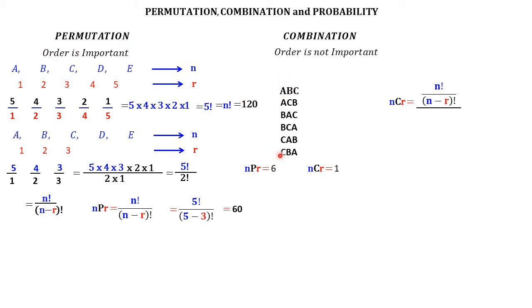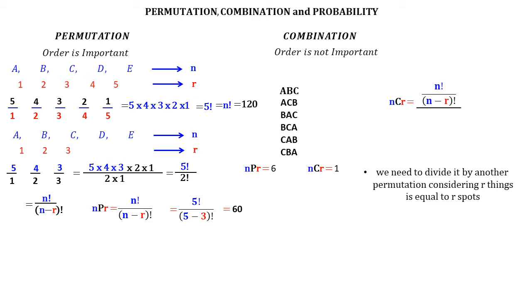Kinount niya lahat sa permutation, and sa combination, kinount lang to as 1. So, ano ba yung i-divide natin para makuha ang formula for the combination? We need to divide it by another permutation considering r things is equal to r spots.